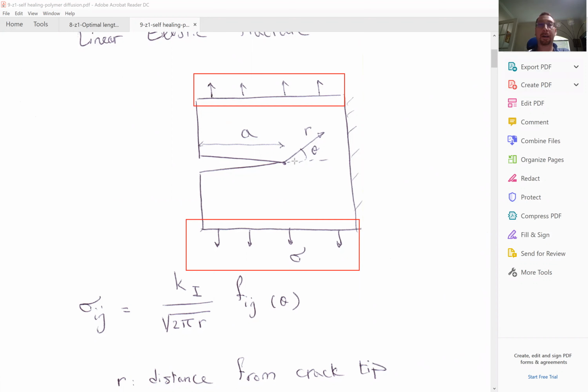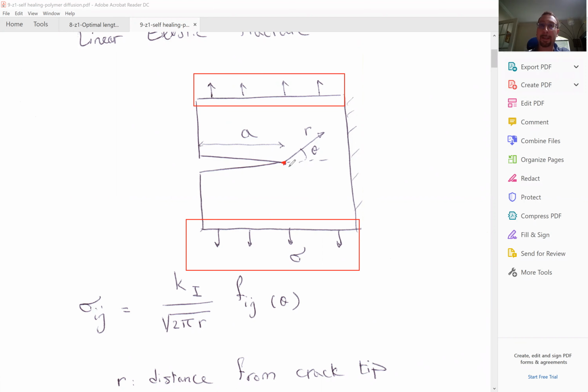And linear elastic fracture mechanics, basically elasticity, tells us that the stress right at the tip of the crack will be singular. Basically, it will go to infinity.